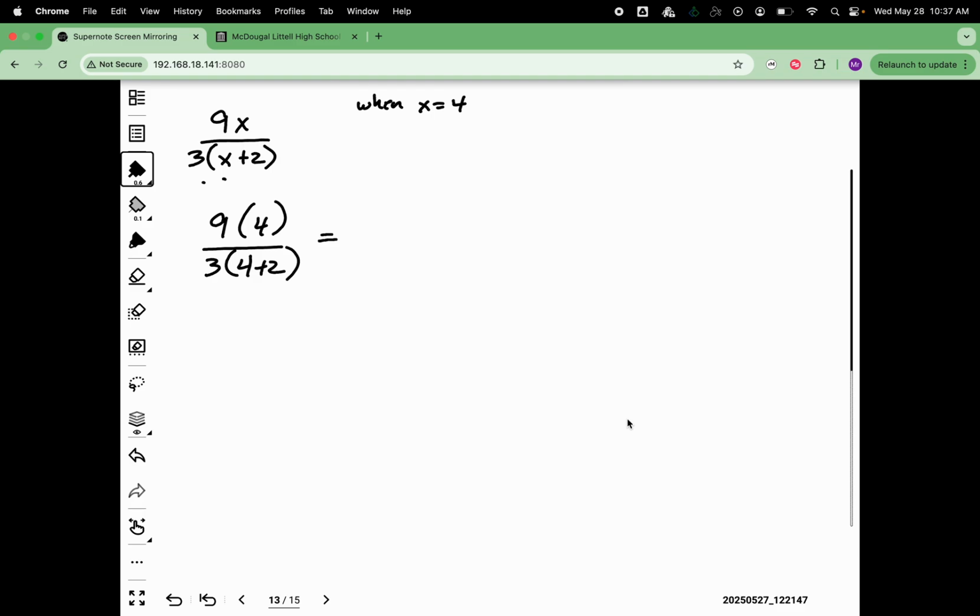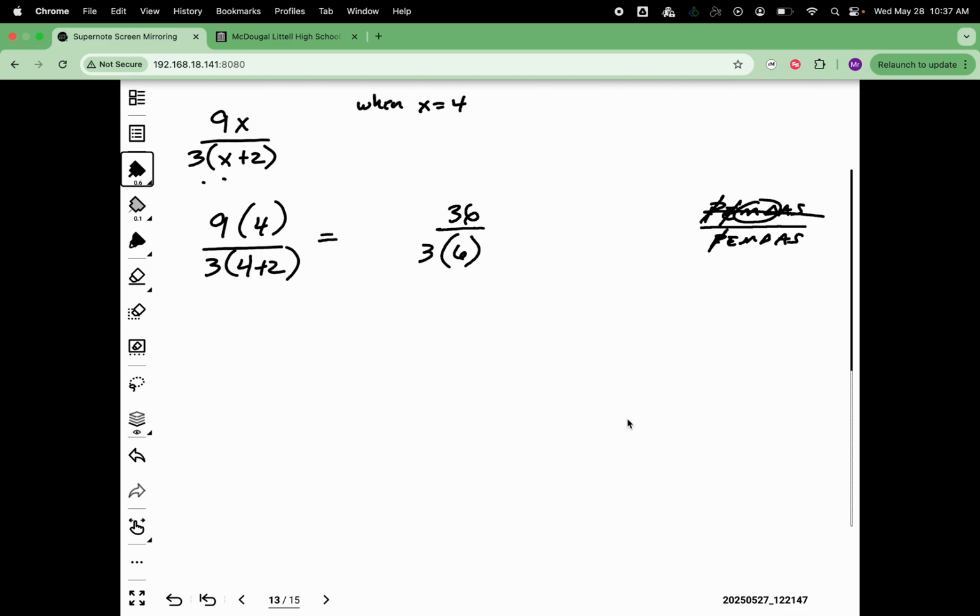If it helps you, you can do a PEMDAS acrostic for the top and the bottom. On the top, I do have parentheses, but I can't work within the parentheses because this is just saying 9 times 4 is that expression. I don't have any exponents. I do have multiplication and division, so it's going to be 36. So I'm done with the top. The bottom here, I'm going to have to work within my parentheses to make 3. 4 plus 2 is 6.